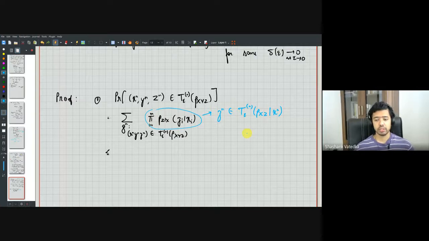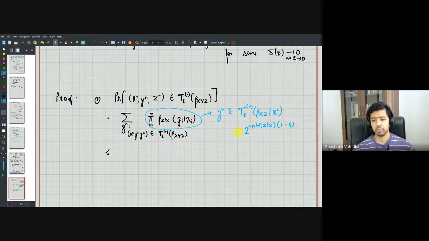For the conditional typical set, the probability of any Zn in this set is always going to be roughly 2 to the minus n times h of z given x, times 1 minus epsilon.